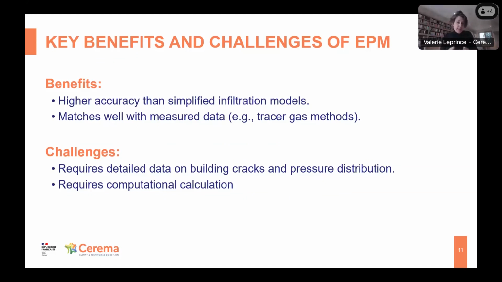The challenge is that it requires detailed data on building cracks and pressure distribution, and of course it requires a computational calculation. You cannot solve that all on your own because it's a nonlinear equation.